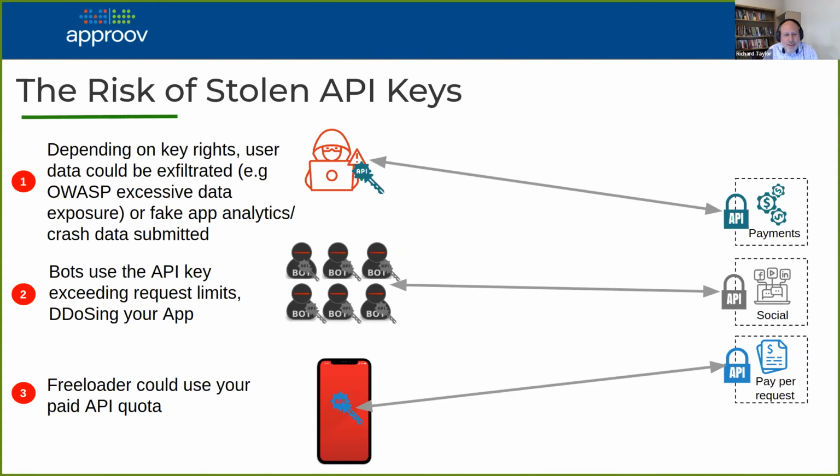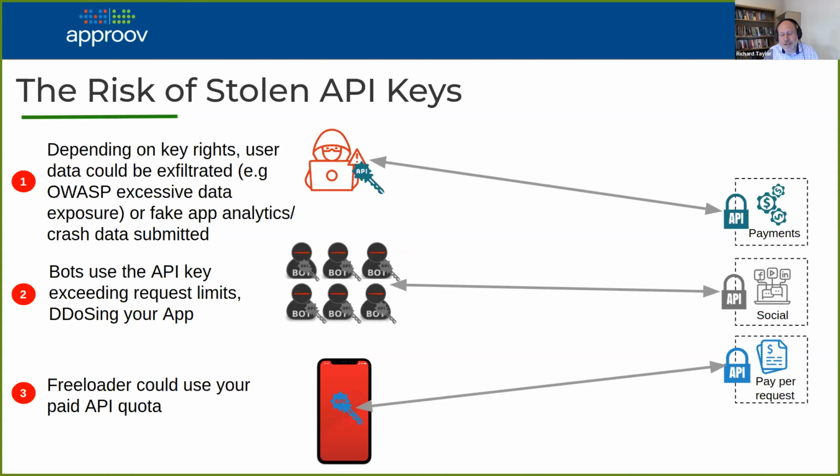So what are the risks of stolen API keys? Obviously, it depends a lot on the capabilities of the particular API and what is allowed given the permissions you have for an API key. So there are various different angles here. There's the possibility that having access to an API key outside of the app allows some data exfiltration, either directly or indirectly through things like the OWASP issue of excessive data exposure.